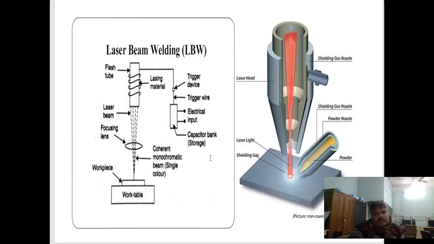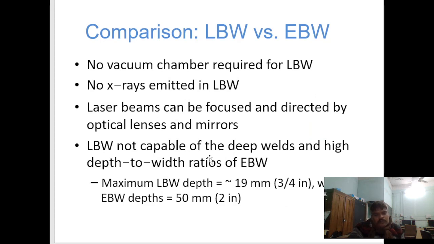Comparison: this is the figure of the laser beam welding process. A flash tube and lasing material are used for generating the laser beam. Laser full form is light amplification by stimulated emission of radiation. No vacuum chamber required for laser beam welding. No X-rays emitted in laser beam welding.